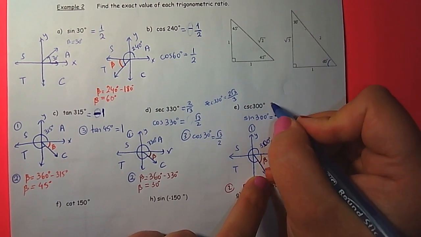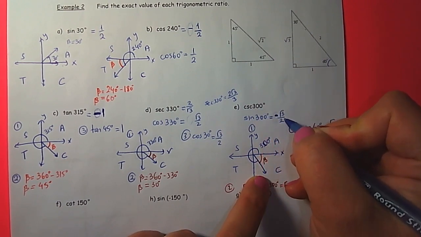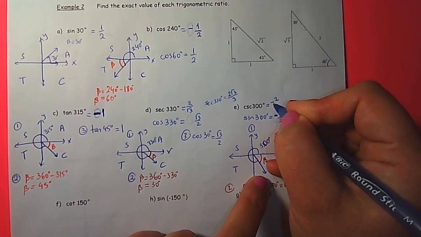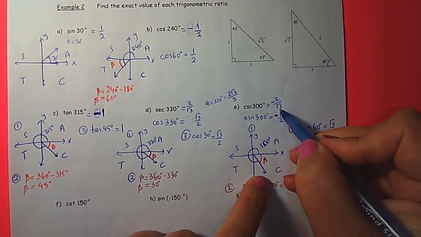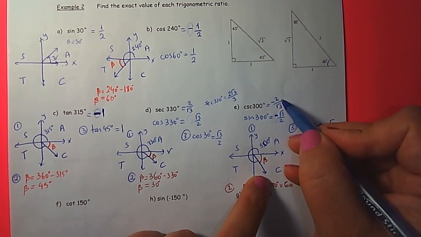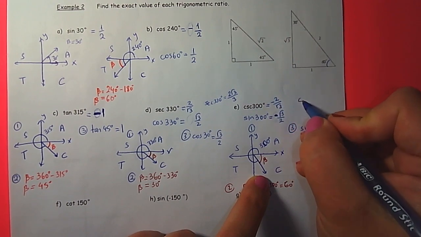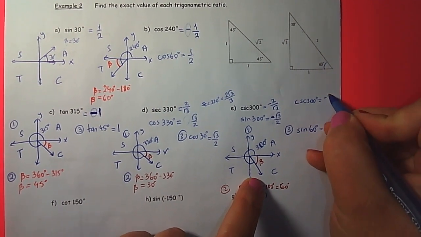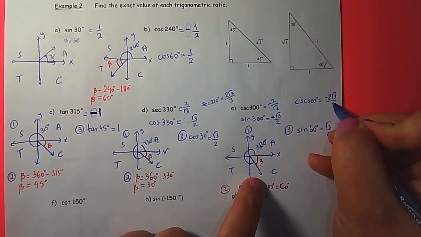So 1 over negative root 3 over 2 gives you negative 2 over root 3. Again, you have to rationalize the denominator, multiply top and bottom by root 3. So that gives us cosecant 300 is negative 2 root 3 over 3.